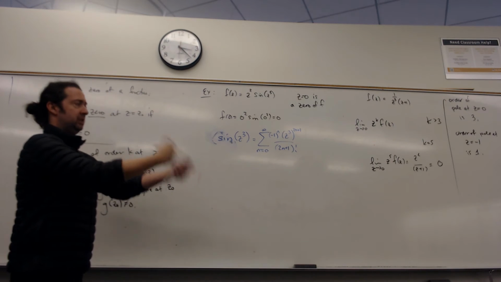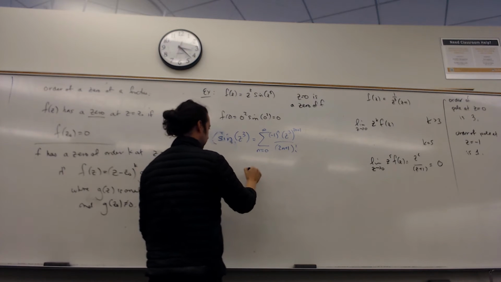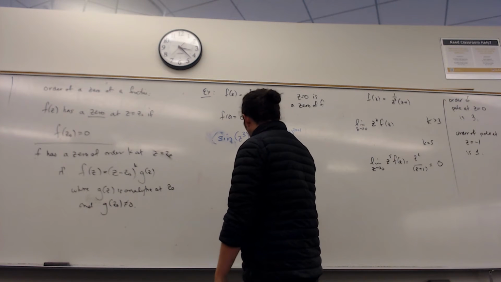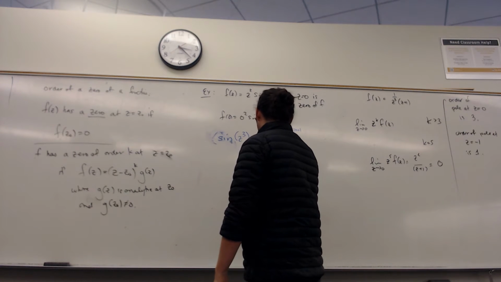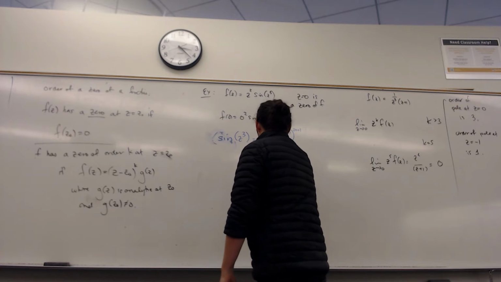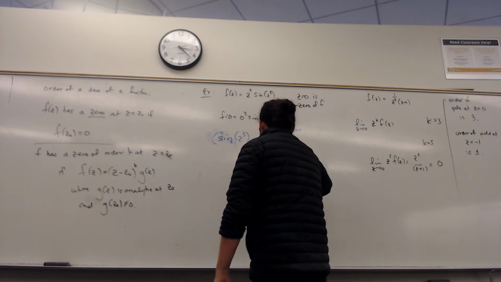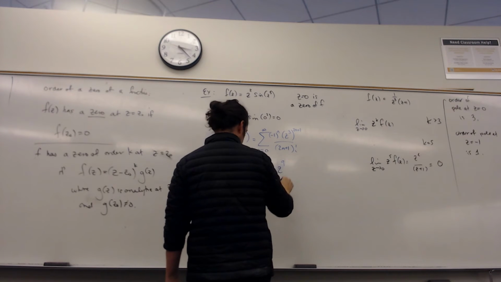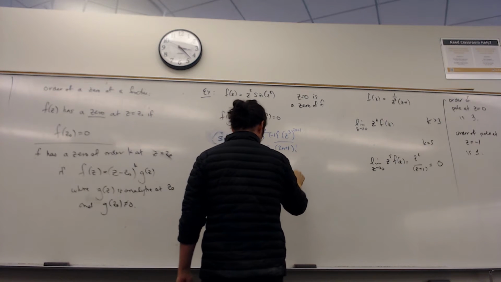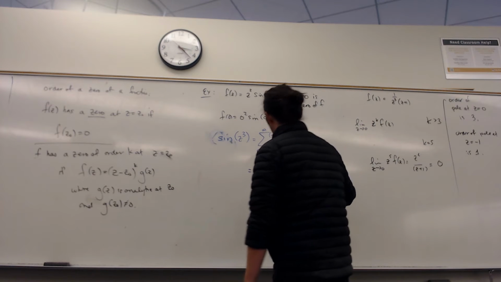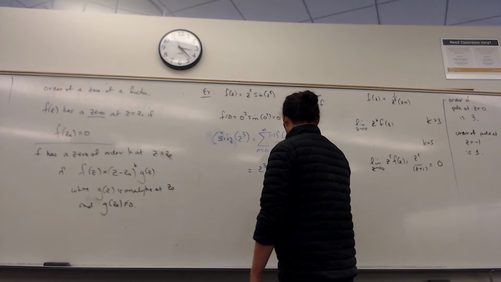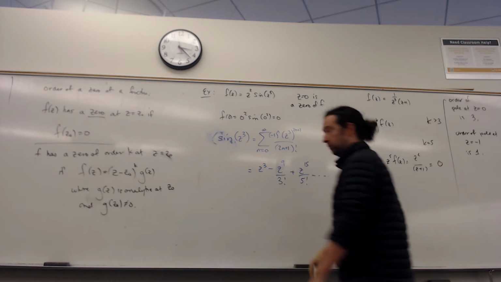So you compose in the z cubed, and if you write down the expansion, you get z cubed minus z to the ninth over 3 factorial plus z to the 15, over 5 factorial, and so on.